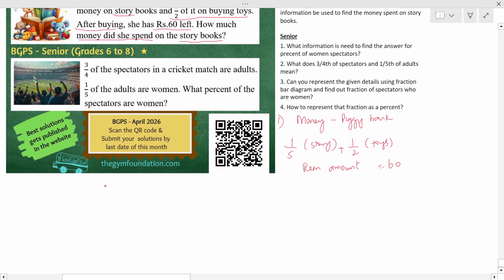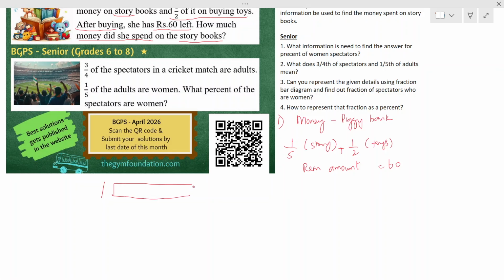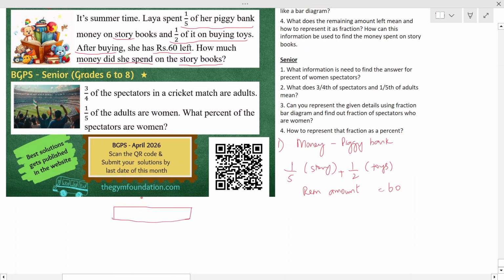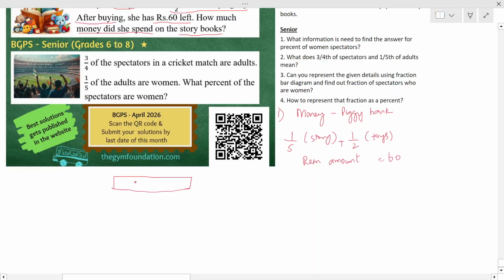You don't know how much the total money is. So maybe you can say that this is the total money she's having, and then what is one-fifth of her piggy bank? One-fifth means you split it into 5 equal parts, and this is the amount she has spent on storybooks.